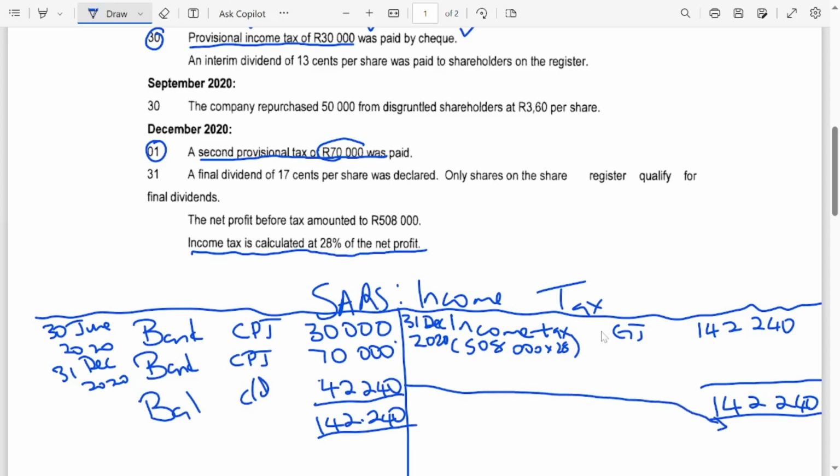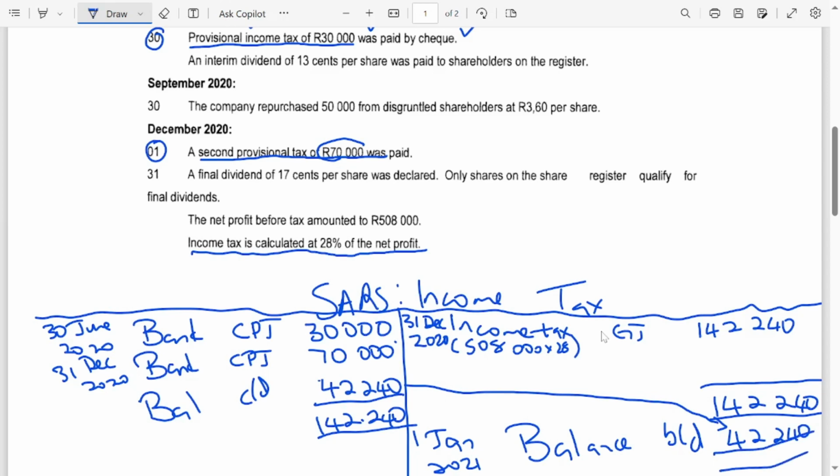The following month is 1 January 2021. The balance brought down, which is 42,240. So it is supposed to be like this. That is your Sars income tax. So it has a credit balance, meaning that the business is owing Sars money.